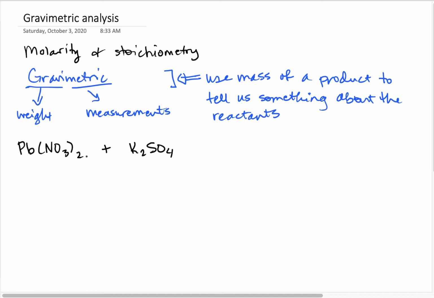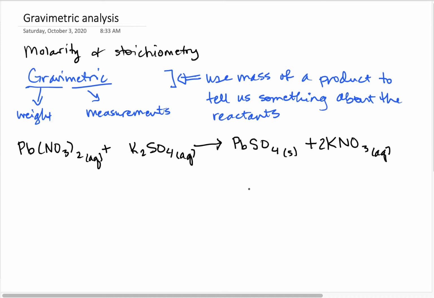All right, hopefully you did that, and you remembered that nitrates are always soluble, and that potassium compounds are also always soluble. So these two reactions are happening in solution, and sulfates are usually soluble, but not with lead. So this is making lead sulfate as a precipitate, and then it's making some soluble potassium nitrate.